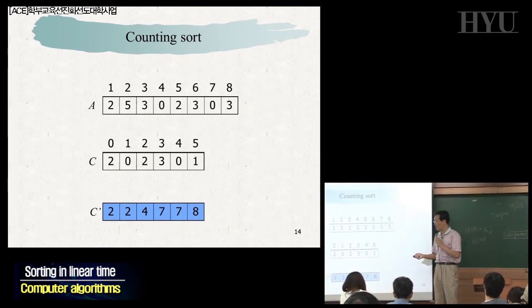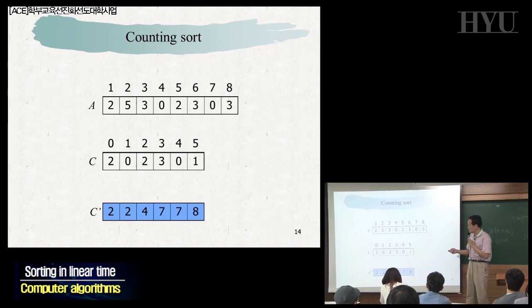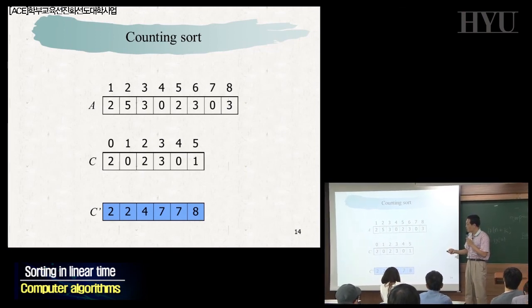Actually, in this case, this means the occurrence of number 2 in the original array. But in the C prime array, it is the occurrence of integers at most 2. So 0, 1, 2. Look at this.